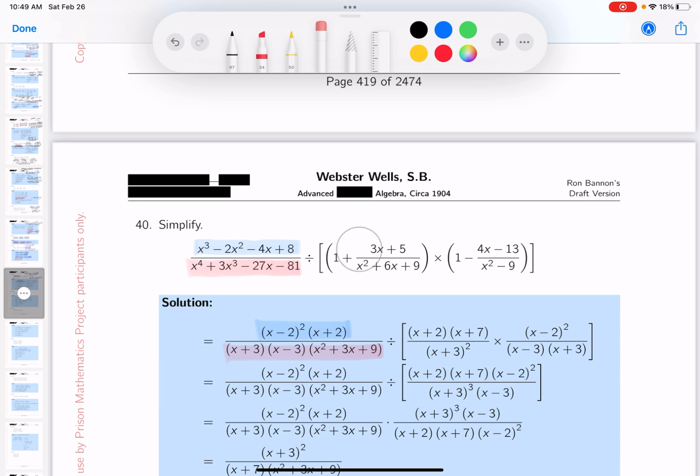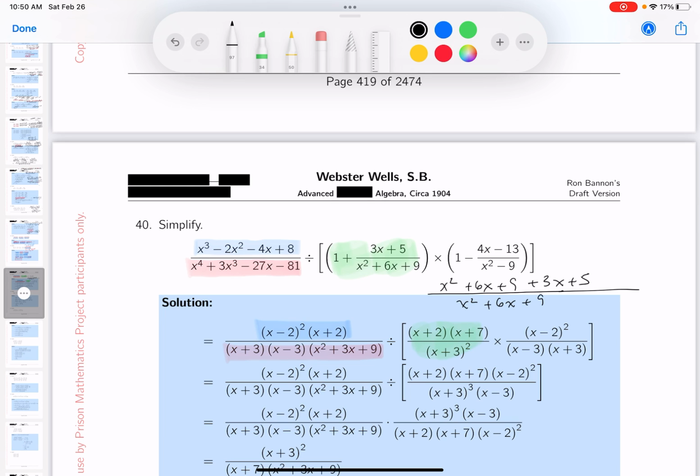And again, we're just studying. The next thing I want to look at is this thing. Let me highlight it. I'm wondering, can I match it? Well, it doesn't look bad to match. Common denominator: that'll be x squared plus 6x plus 9, x squared plus 6x plus 9, and then plus 3x plus 5.